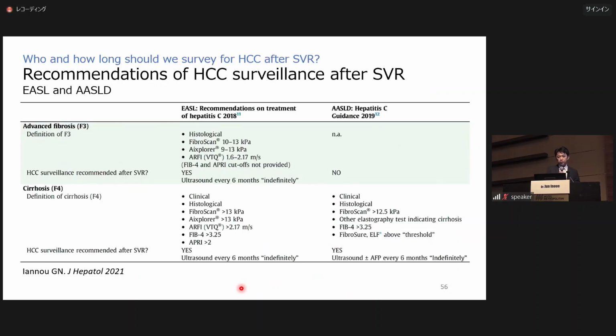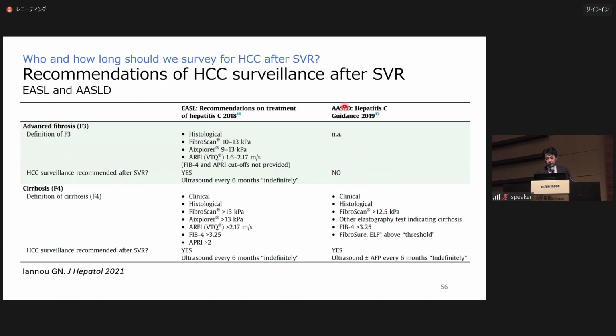Then, who and how long should we survey for HCC after SVR? This is a recommendation from EASL and AASLD. In the EASL recommendation, if the patient has F3 fibrosis, surveillance of HCC by ultrasound every 6 months indefinitely is recommended.